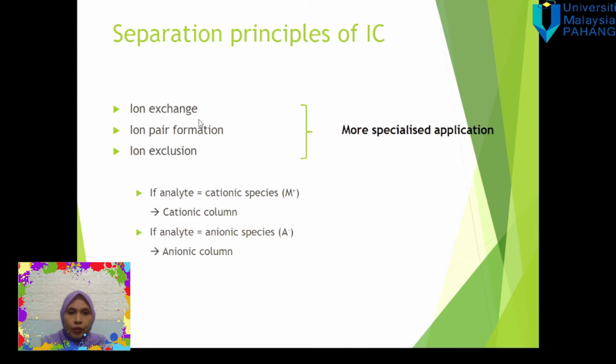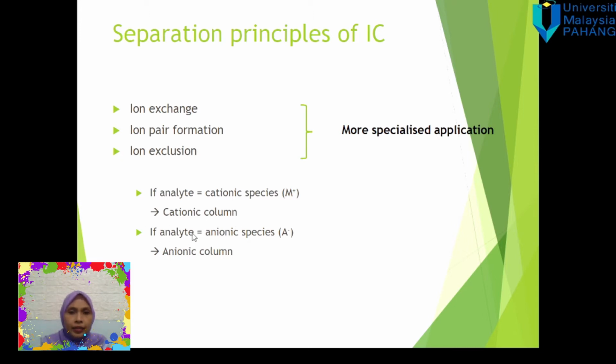So now we just focus on the ion exchange, where if we want to separate an analyte that is a cation, which is a positively charged ion, it must be a cationic column. The cationic column here must be negatively charged. The silica, the stationary phase, must be negatively charged inside this cationic column.